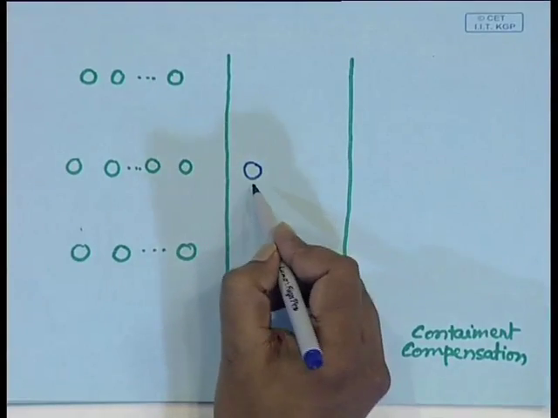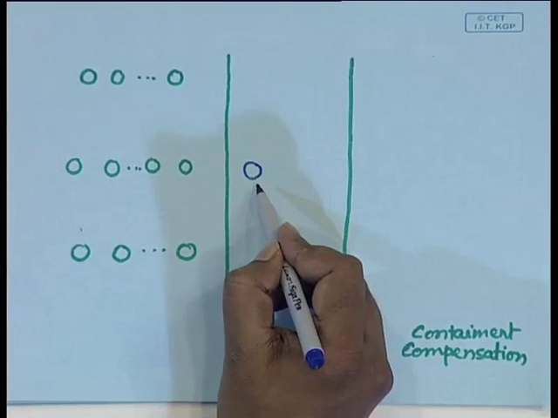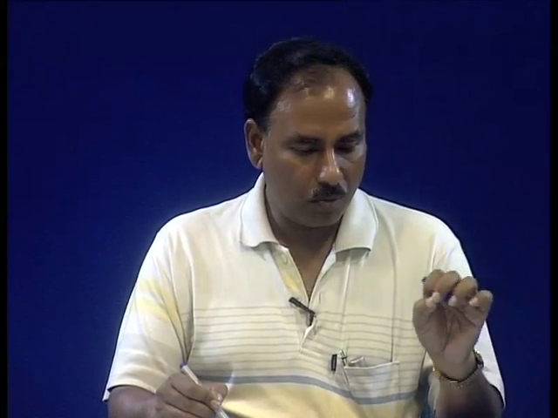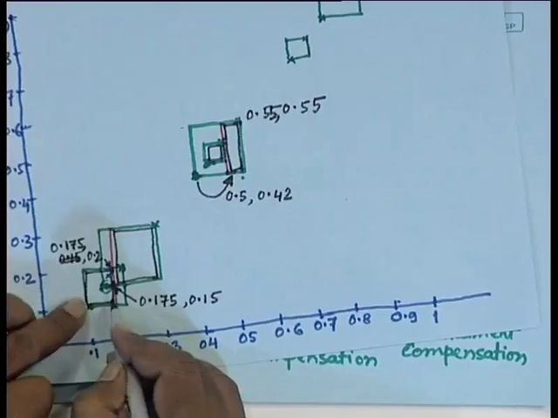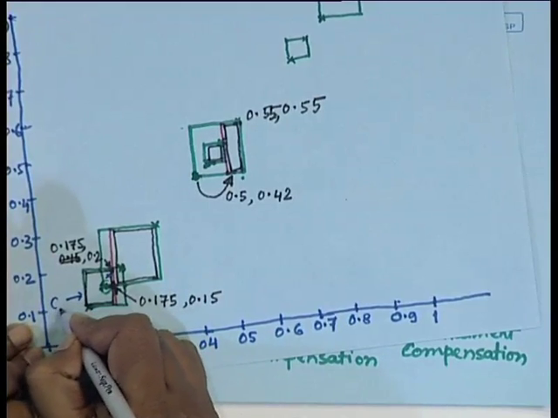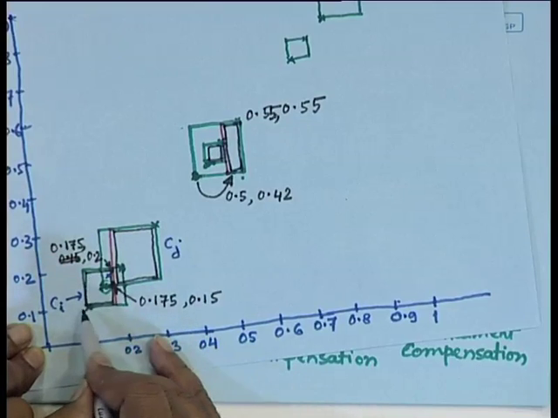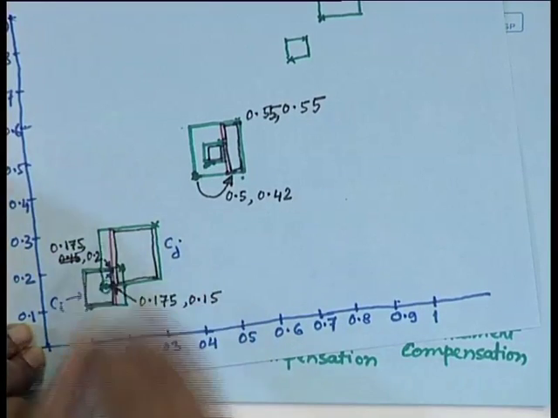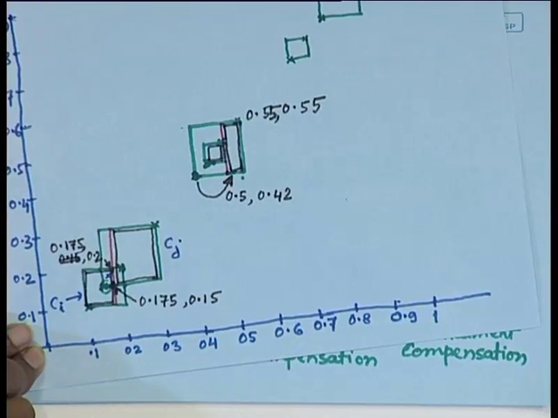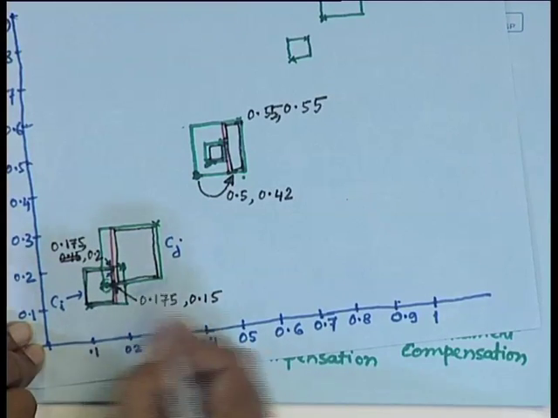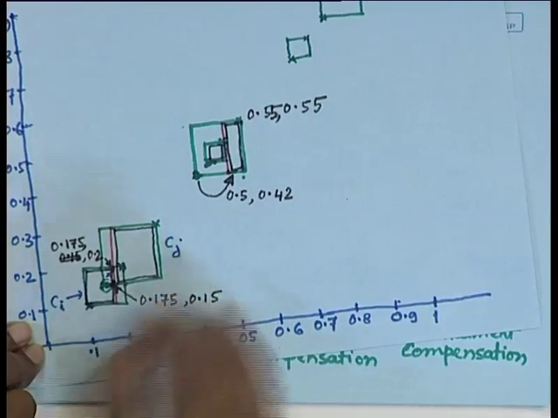So, this new neuron that we are introducing in the overlap compensation section will actually generate two outputs. One output is meant for compensation of one class and the other output is for compensation of the other class. So, if I have class C i and class C j, and the hyperboxes belonging to class C i and the hyperboxes belonging to class C j overlap, then the output of the compensation neuron will give compensation to both C i and C j.